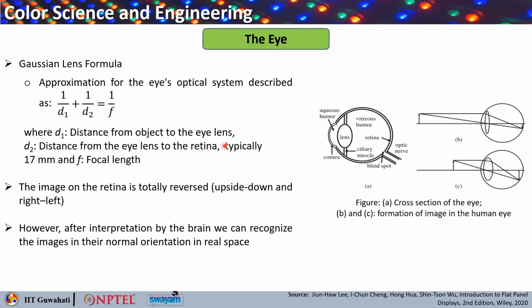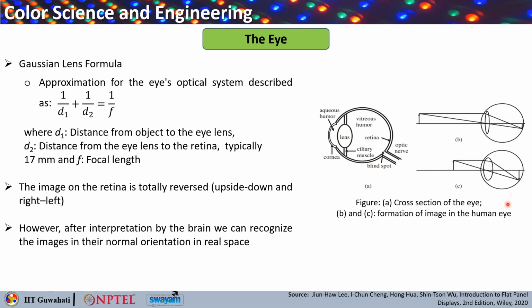Here d1 is the distance from the object to the eye's lens, d2 is the distance of the eye lens to the retina, which is typically 17 mm, and f is the focal length of your lens. So these distances and the focal length are related using this particular formula.